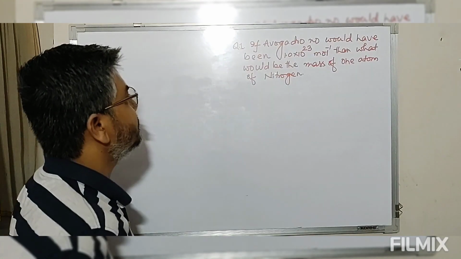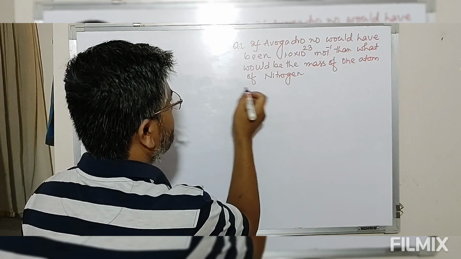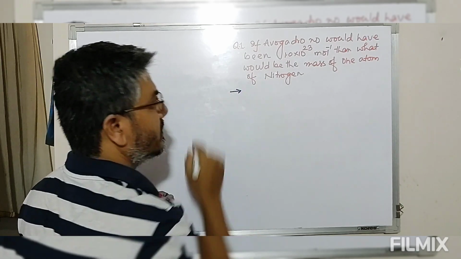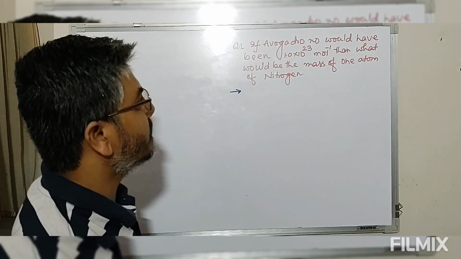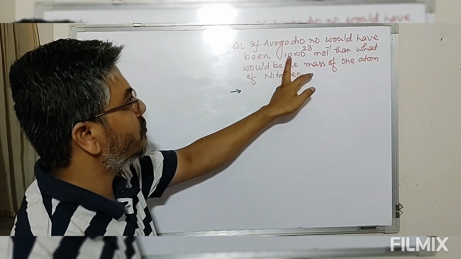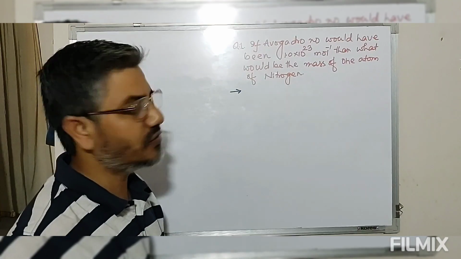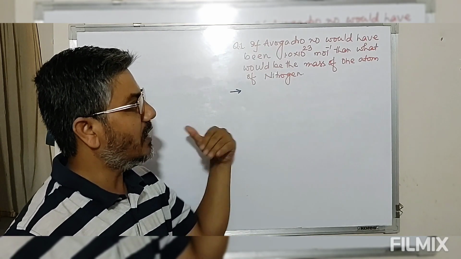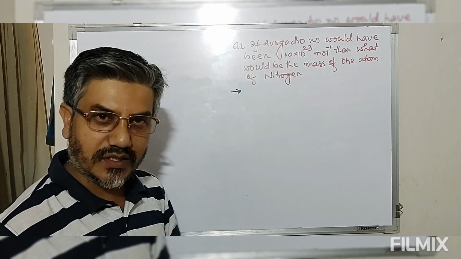So if Avogadro number is changed, then how will this atomic mass change?